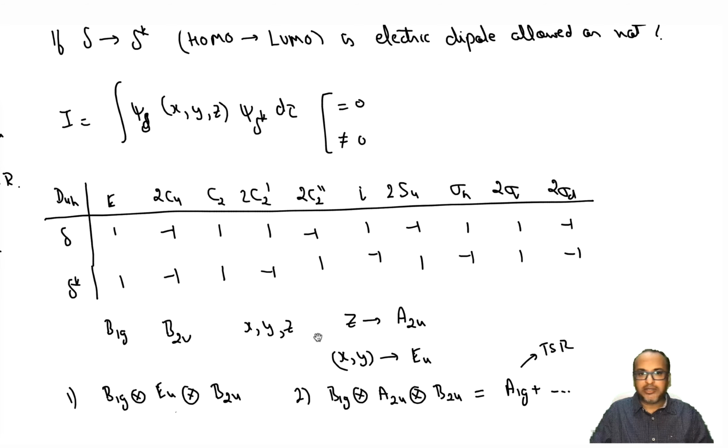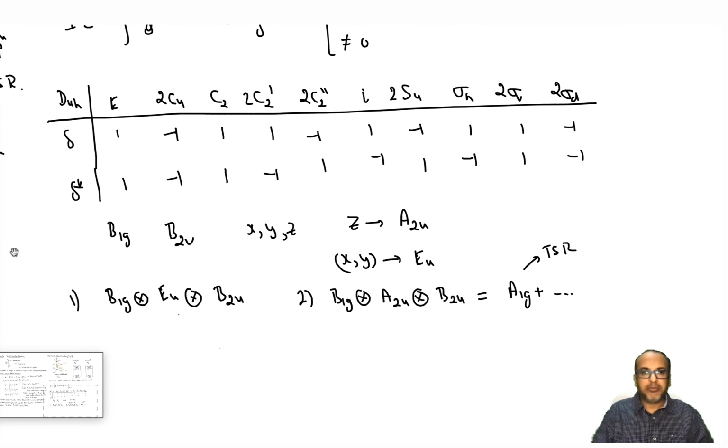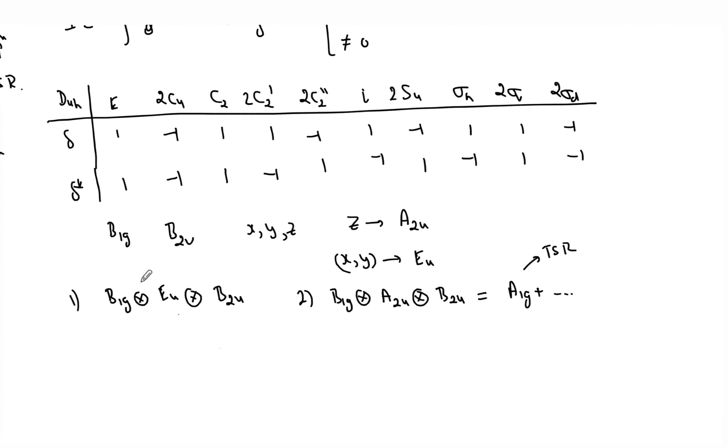So if it contains totally symmetric, we can make a statement now that the delta to delta star transition is allowed, or you can say electric dipole allowed.